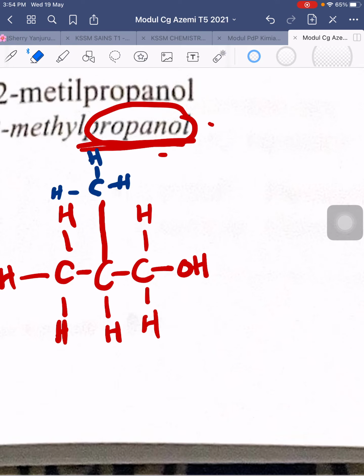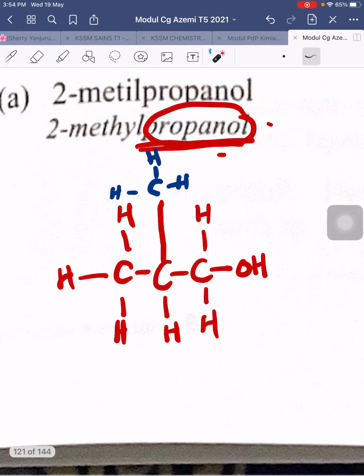Because another H is replaced by the branch 2-methyl. Why I draw here, not here, or not here? It's because of this one, 2. These two in front indicate that the branch is situated at the second carbon. This is first, this is second, this is third. Okay, 2-methyl means the methyl CH3 is situated at the second carbon.